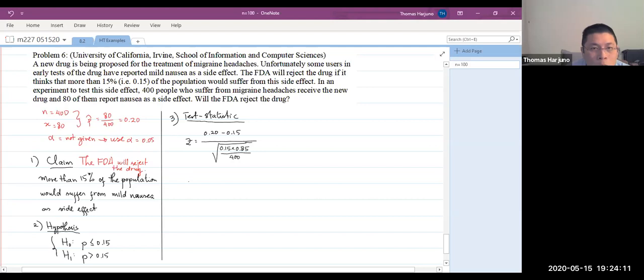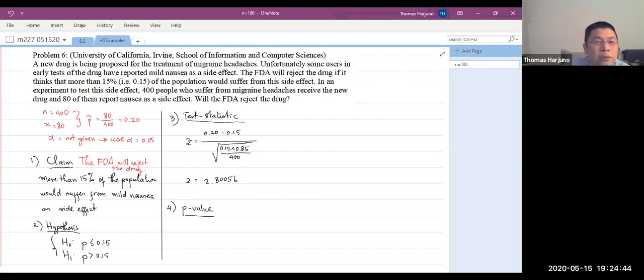So what did I get here? I get 2.80056. And then step 4, p value, that's a right tail.